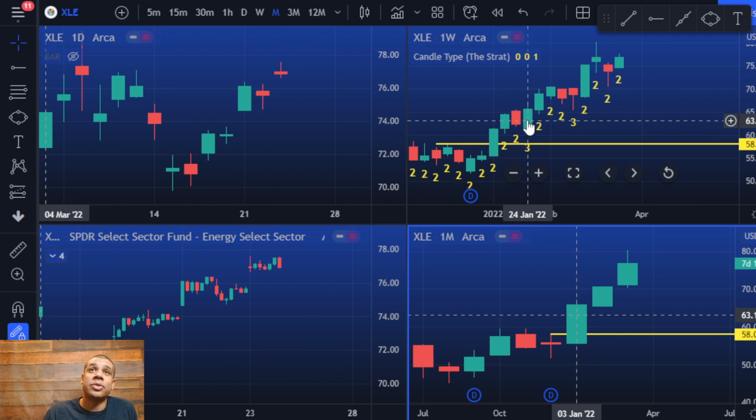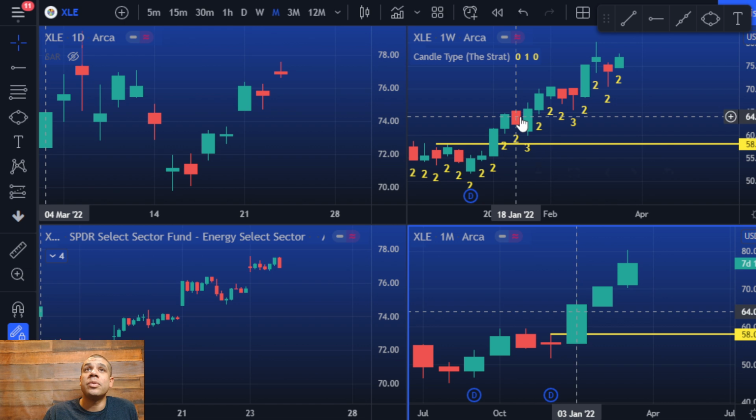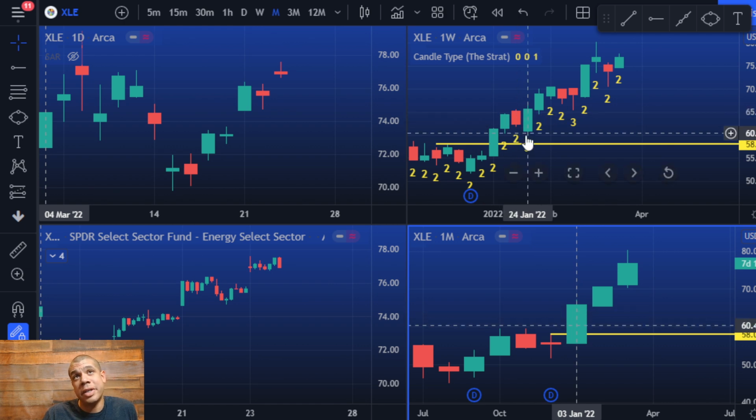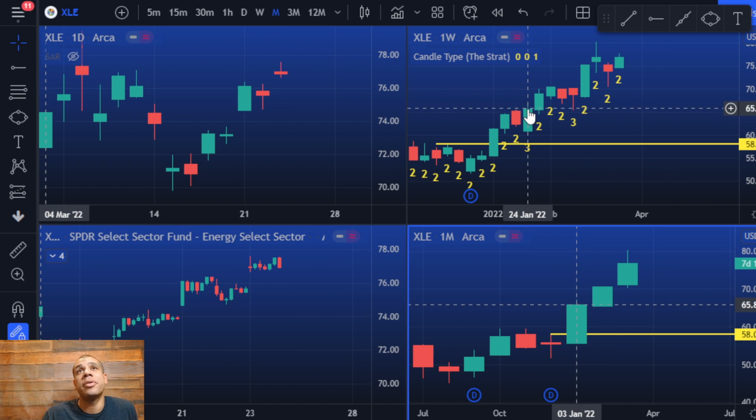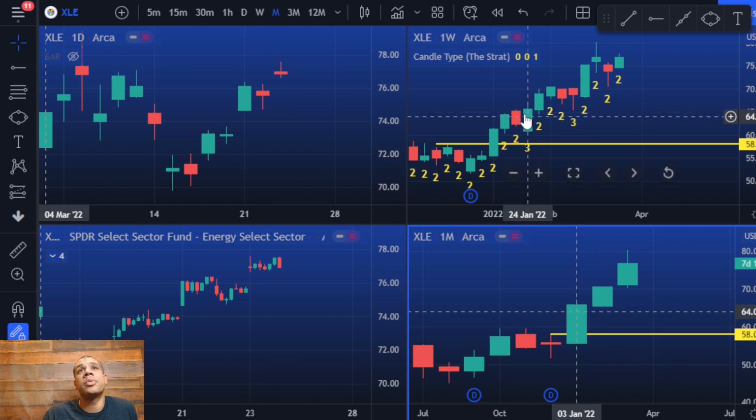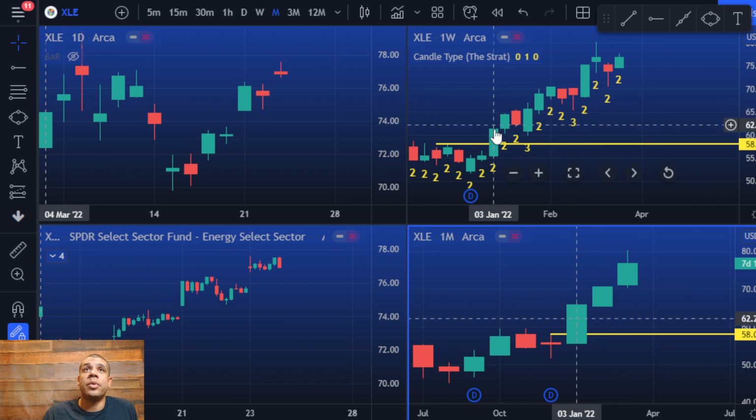It's still just as risky, even if you put your stops even, because this thing could go. It did go 2-2 continuation down, but then became a scenario 3 after it broke the highs here, okay, on the week of the 24th of January, okay, right here, and so you are taking a risk.